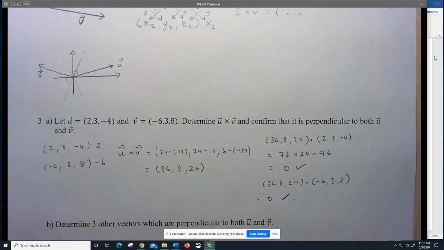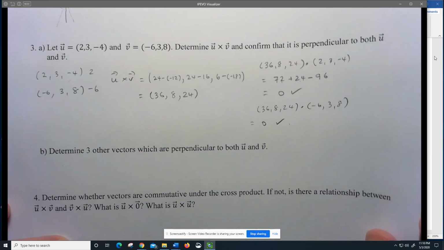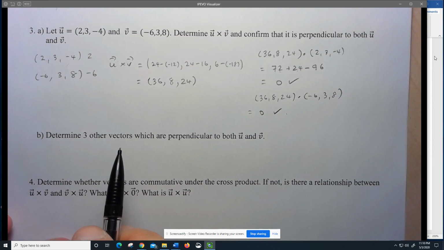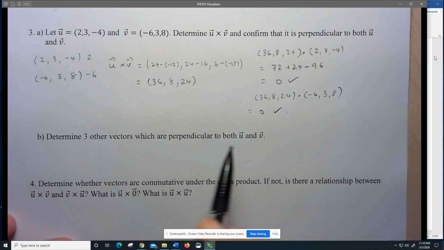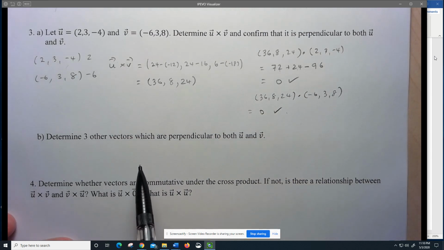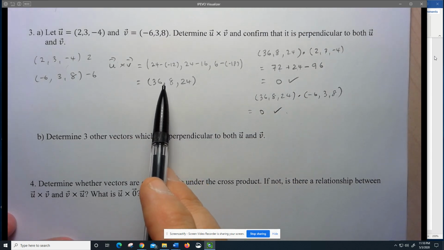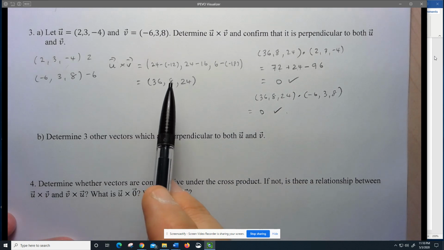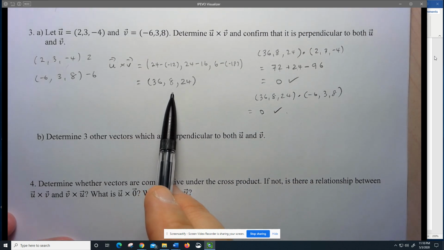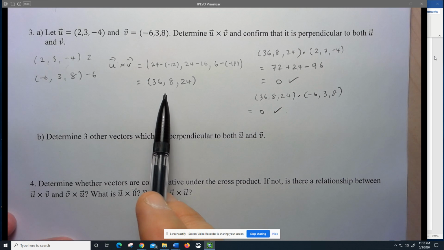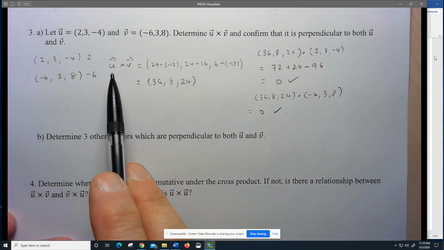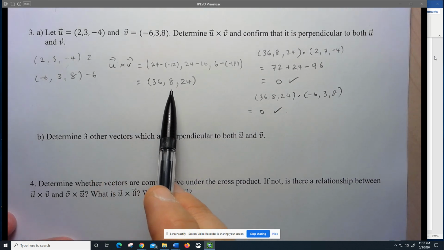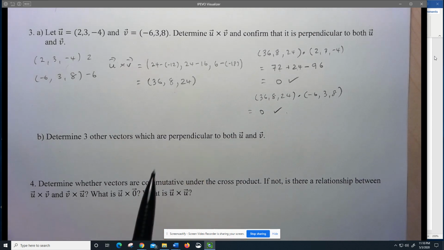All right, now here it asks you to determine 3 other vectors which are perpendicular to both u and v. And notice I left very little space, and that's because remember what we talked about. We said this vector is the cross product of u and v. It represents only one vector that's perpendicular to both. Any scalar multiple is also going to work.